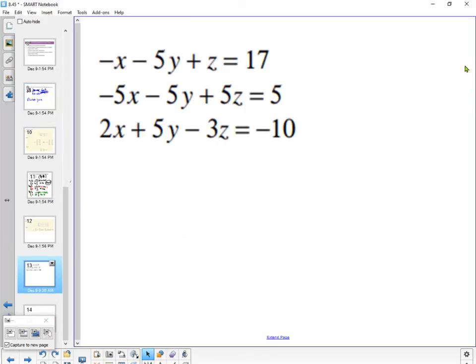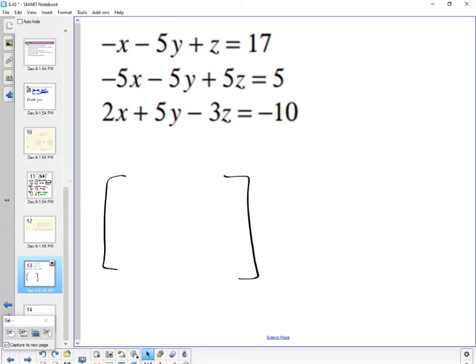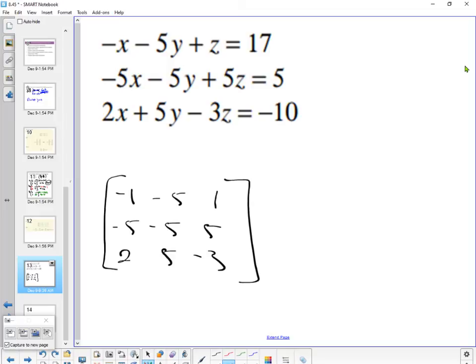Here it is, my matrix: negative 1, negative 5, 1, negative 5, negative 5, 5, 2, 5, negative 3.